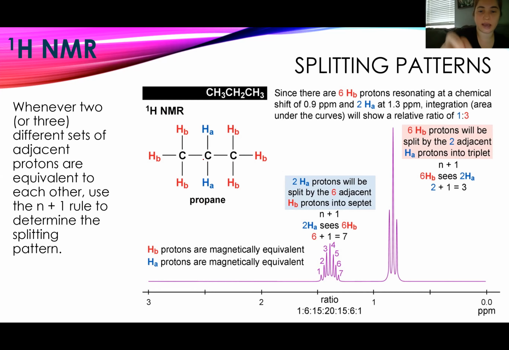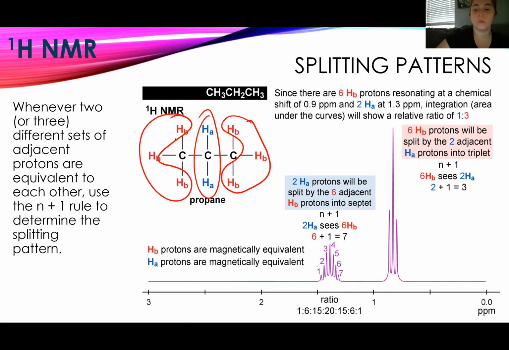So what we ultimately have is 6 HBs and 2 HAs. I'm going to cross it out so you can't see the answer if you haven't read it already. What is the ratio of the integral?